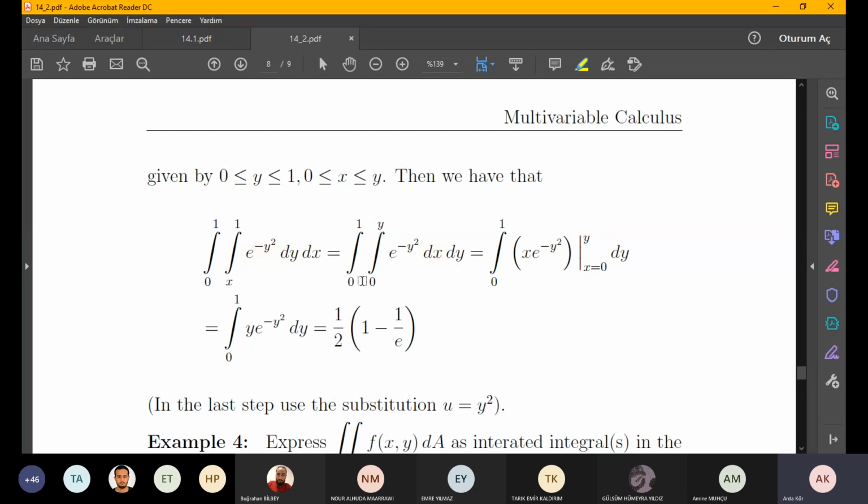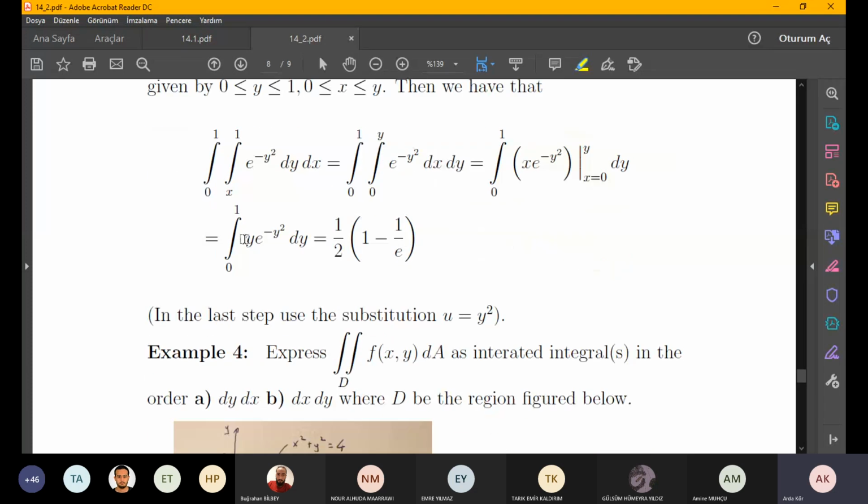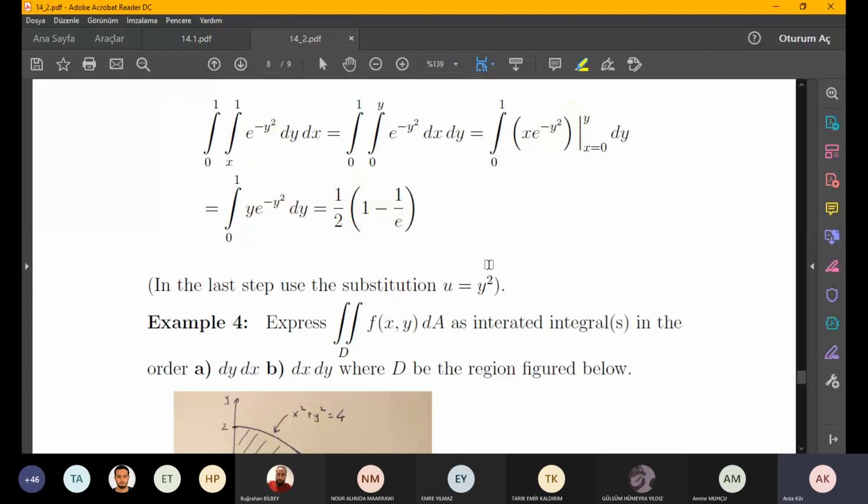After we compute this integral with respect to x, then we compute y times e to the minus y squared, integrate this with respect to y, and find the value between 0 and 1, which will give you the solution of the double integration.